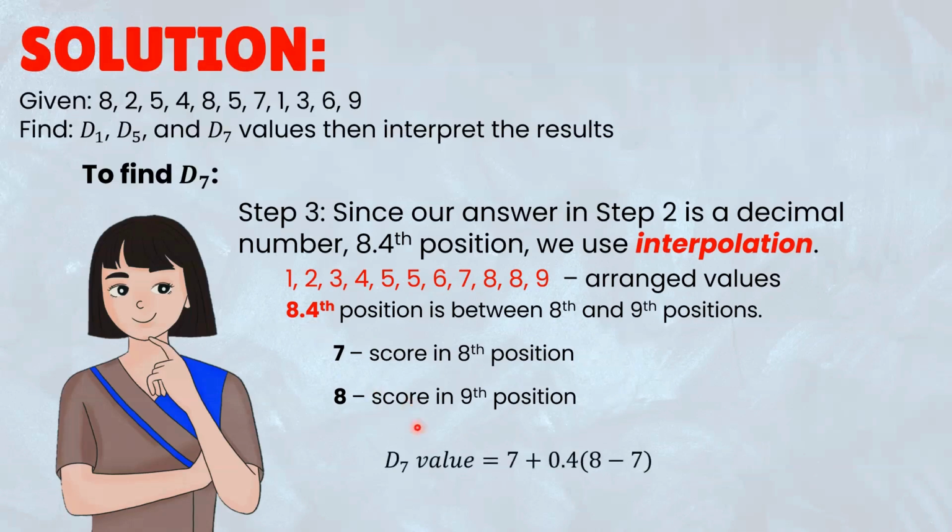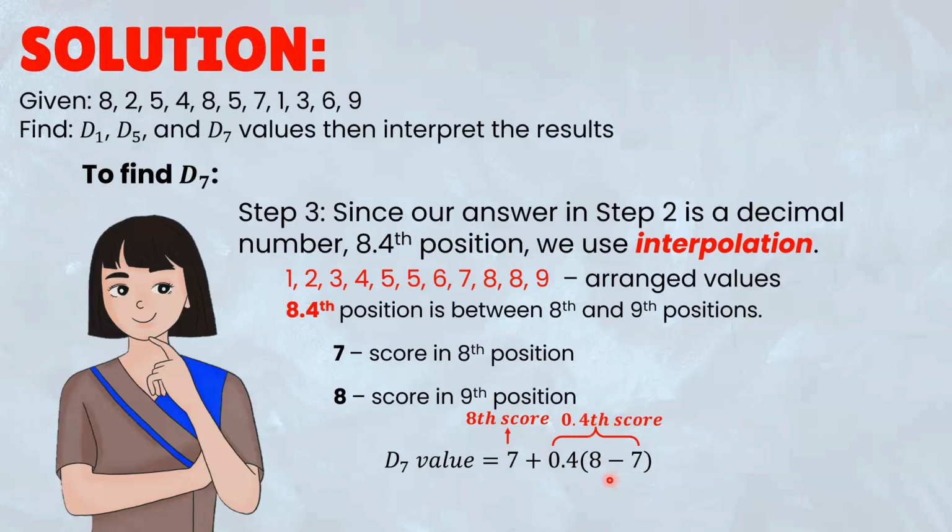So decimal 7 value is equal to 7 plus 0.4 times the quantity 8 minus 7. 7 here corresponds to our 8th score, and the 0.4 times the quantity 8 minus 7 is the 0.4 score.